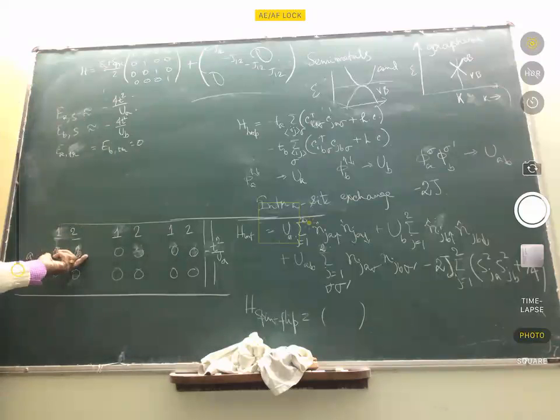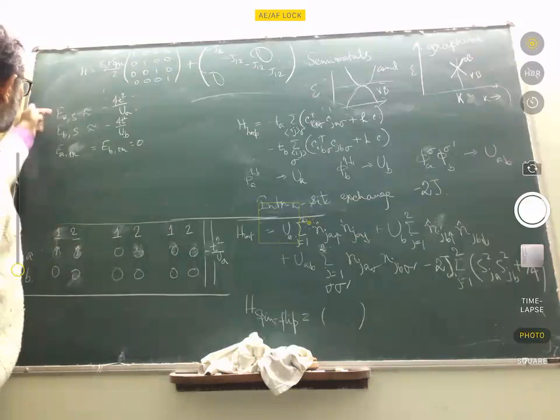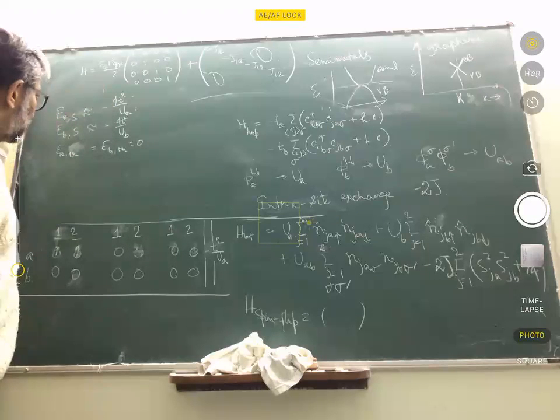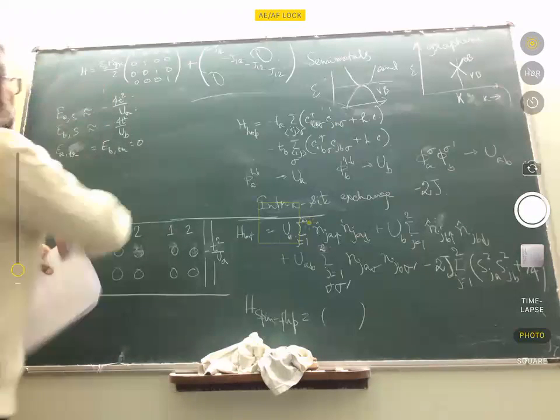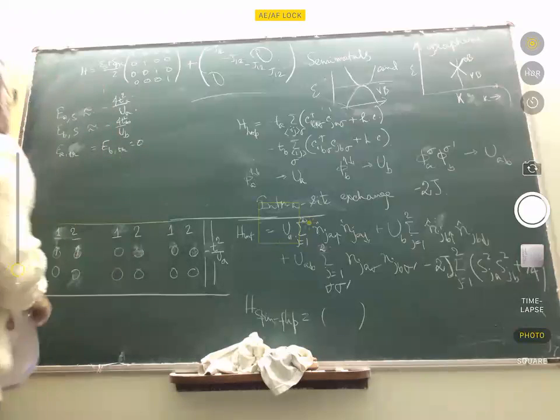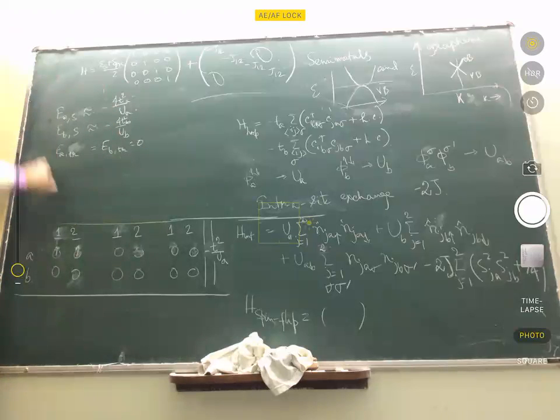So this is the 0 energy situation. The singlet situations are lower in energy by this amount, whereas this triplet is at 0.